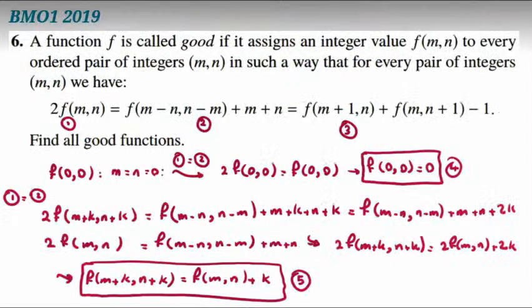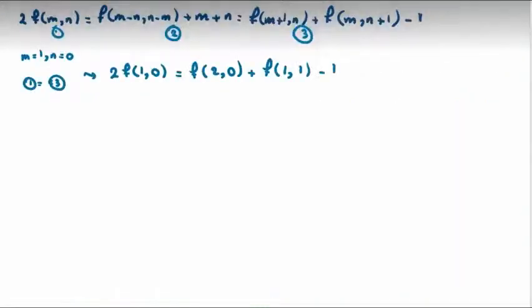By applying this, we can say f(k, k) equals k, so f(1, 1) is 1, and we can find f(2, 0) in terms of this. Let's consider f(1, 0) a constant c. We want to find them in terms of c. So the 1 and negative 1 will be cancelled, and we conclude f(2, 0) is 2c.